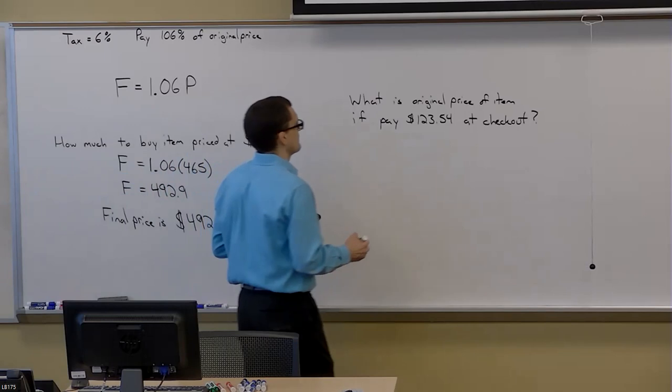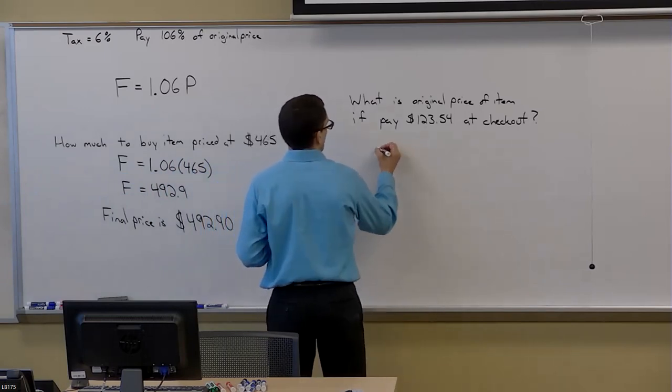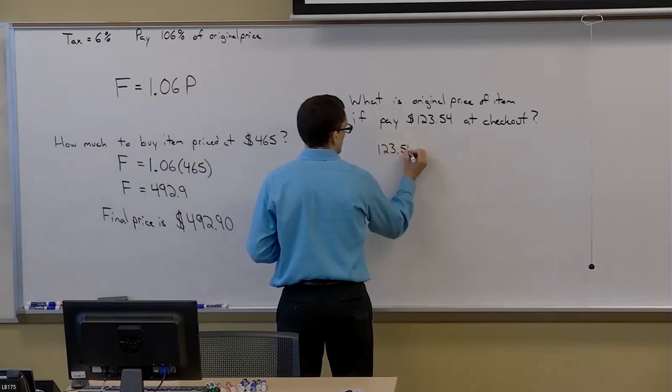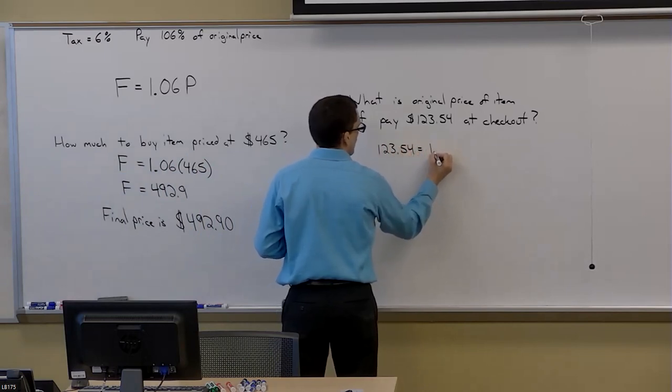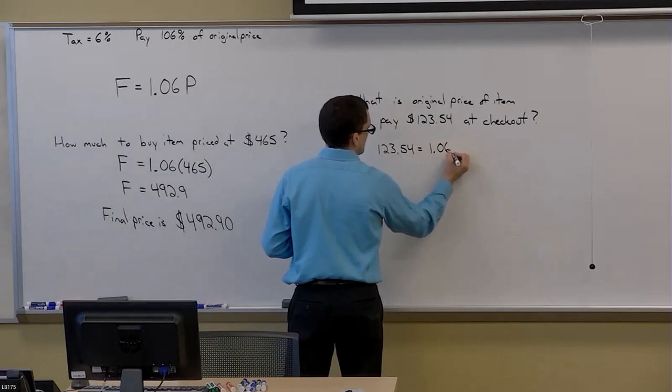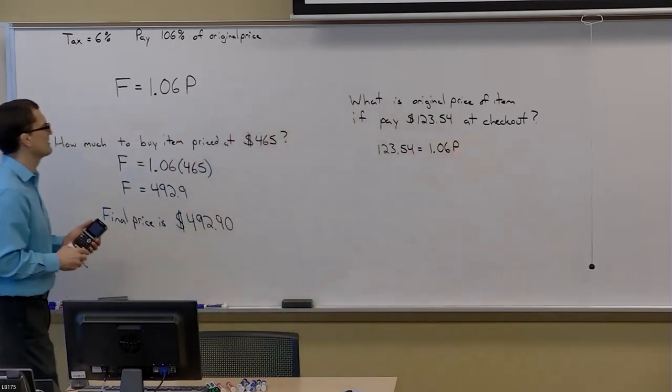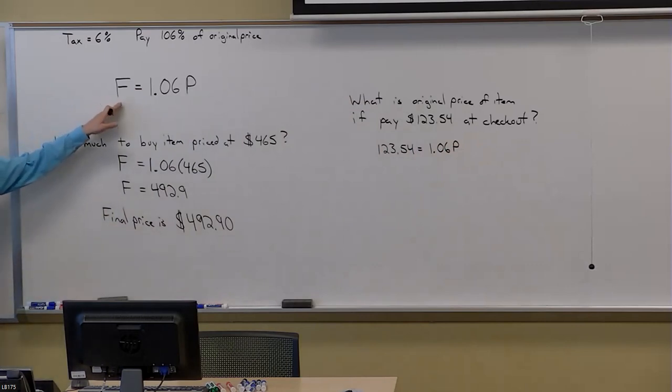Then it says, what's the original price of an item if we paid $123.54 at checkout? Well, that $123.54 is going to be the final price, checkout price, final price.